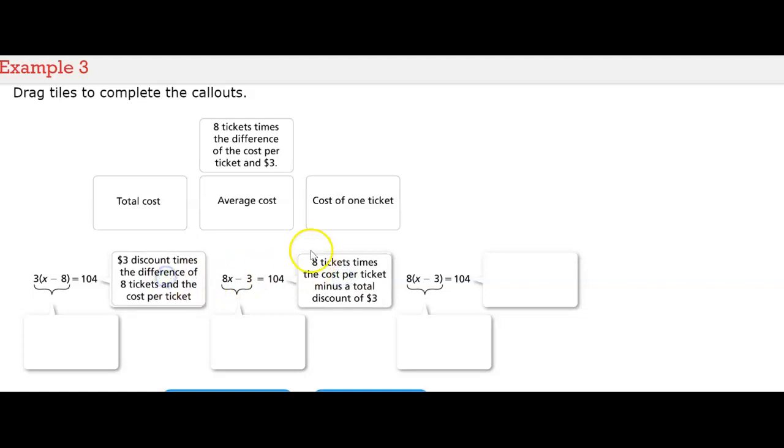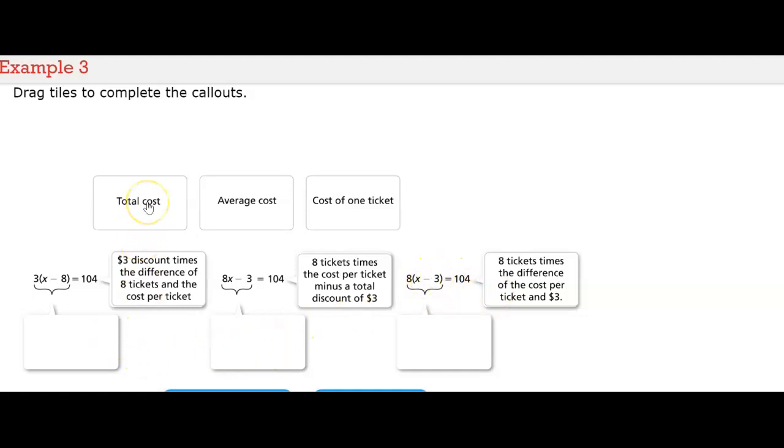And then we have the last one. I'm just going to put it there because the last option is 8 tickets times the difference of the cost per ticket and $3. So we have the 8 tickets on the outside of the parentheses, and it's the difference of the cost per ticket, which is X, minus the $3 discount.